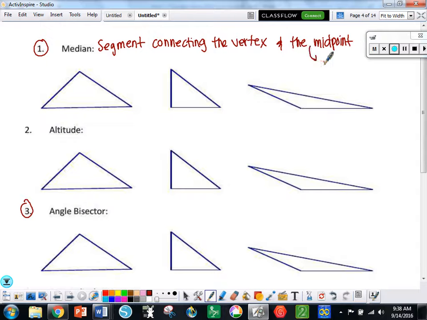Maybe I can say the opposite midpoint. In a triangle. So for example, right here, that's the vertex. This roughly is the middle, right? If it's the middle, I'm going to put those two little tick marks on there so that I know it's the middle. And a median would connect that vertex to the middle.